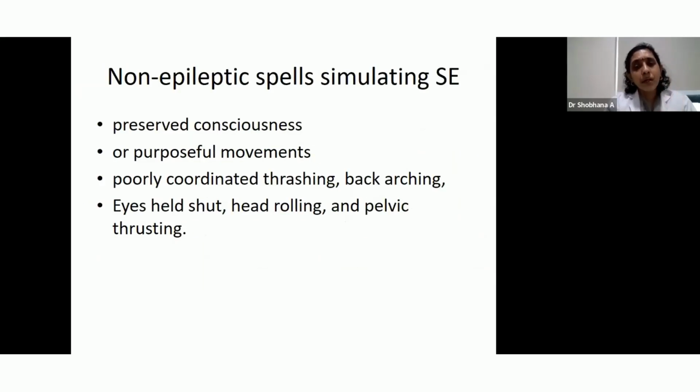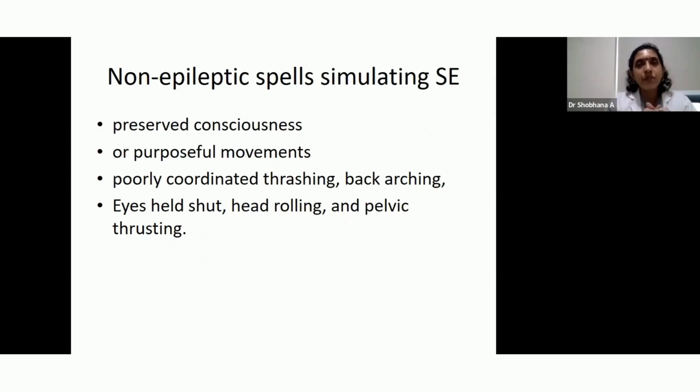Now, what is a non-epileptic attack, or functional attacks? Here you find that the patient is actually conscious or has purposeful movements of the limbs, and these are not coordinated.